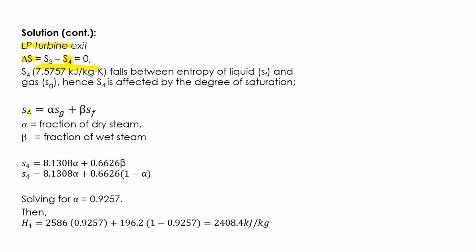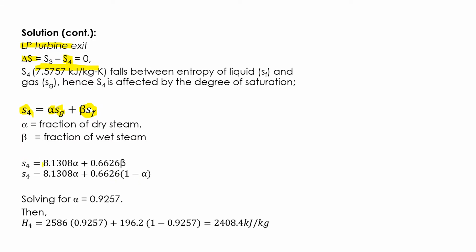So we know that entropy at 4 is equal to the degree of saturation here multiplied by the entropy of saturated steam at a given pressure, plus here beta, which is basically 1 minus alpha, the fraction of the wet steam.